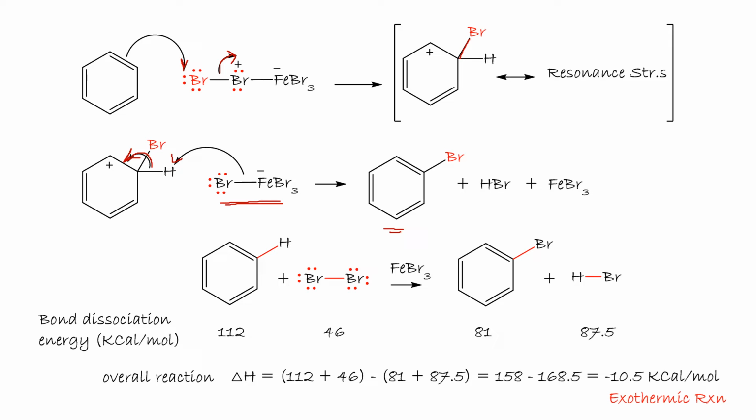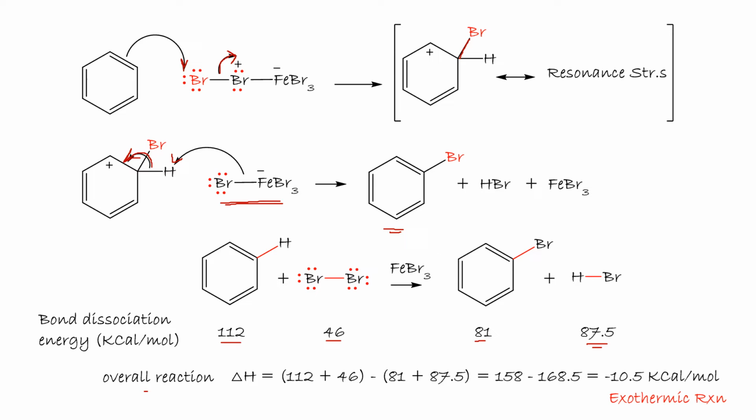Examining the overall bromination reaction, using iron(III) bromide as a catalyst, the starting material bond dissociation energies are carbon-hydrogen 112 and Br–Br 46. The products are carbon-Br 81 and H–Br 87.5.